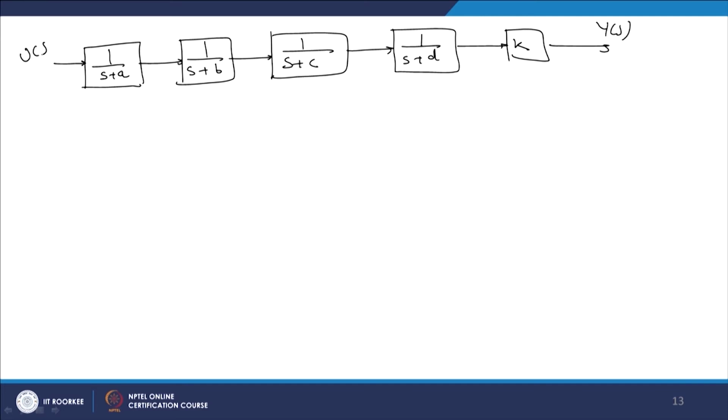This is the input u of s. I am showing arrows, and a, b, c, d, k, y of s have been shown. So this is y of s.